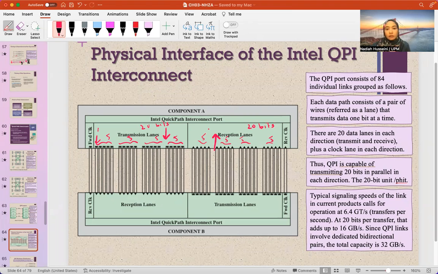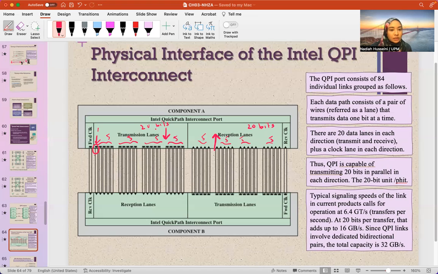Now, where did the 84 individual links come from? So one bit has two wires, right? One bit has two wires over here.